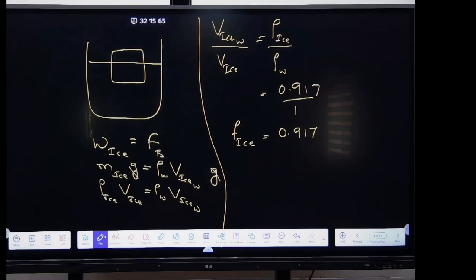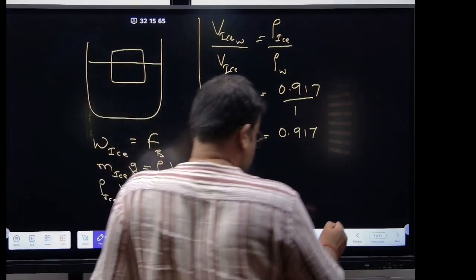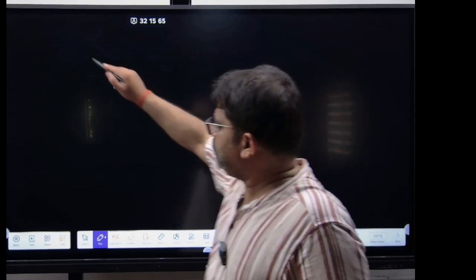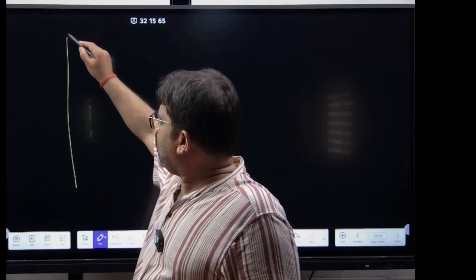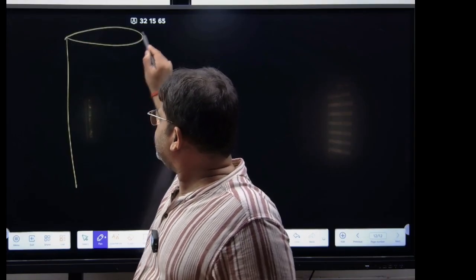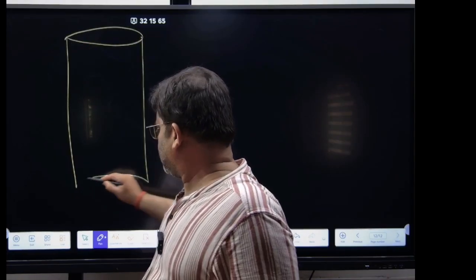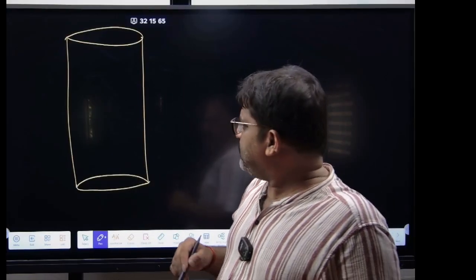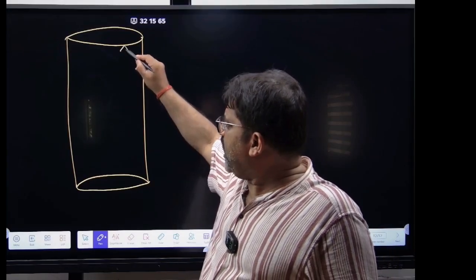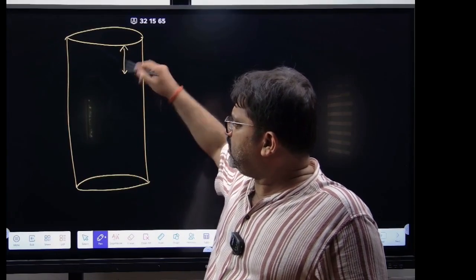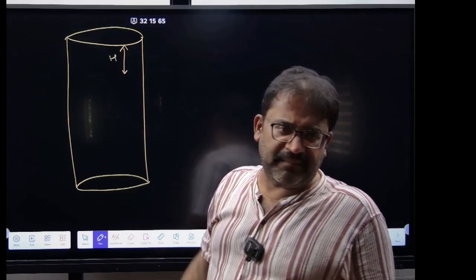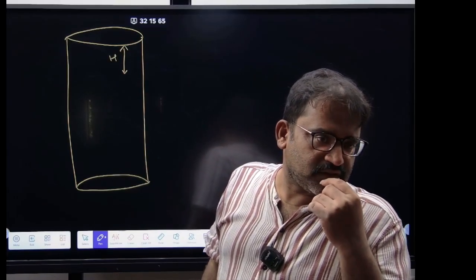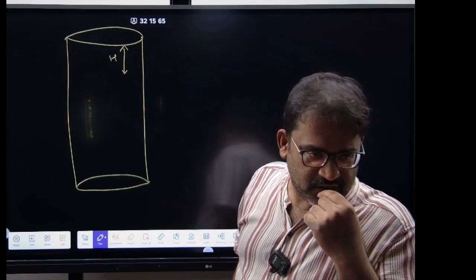Yes. So let us try to understand the question first. According to the question, we have been given one container of liquid, and we have been given some particular height from the top of the liquid. It is small h. Okay.